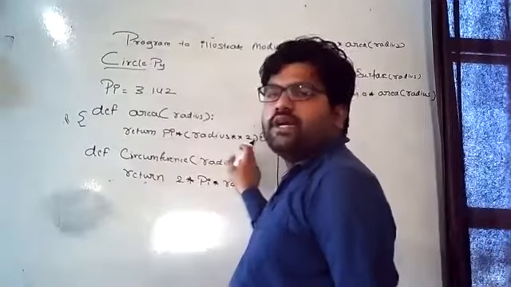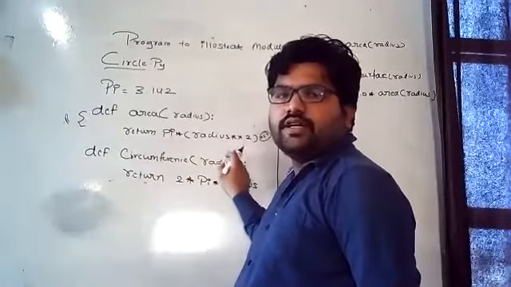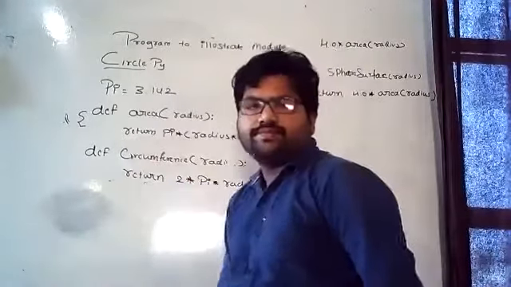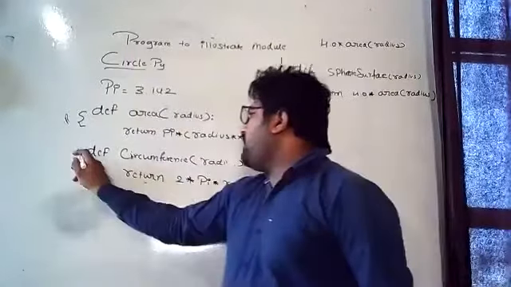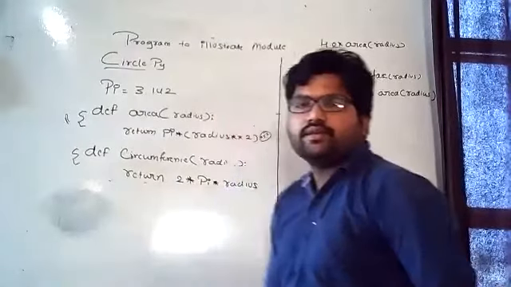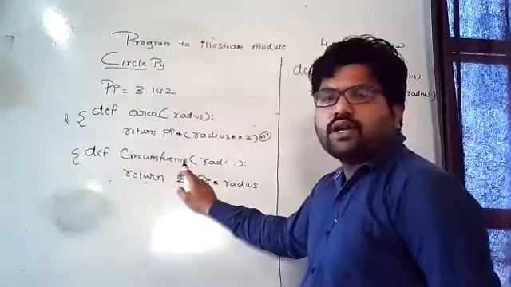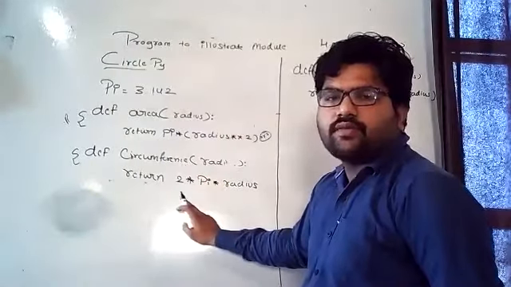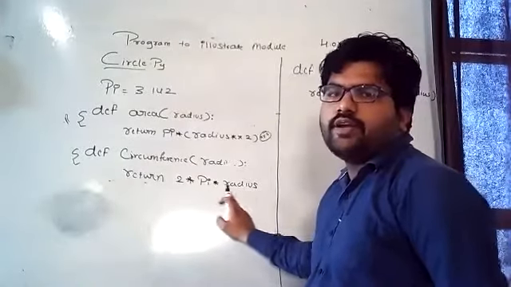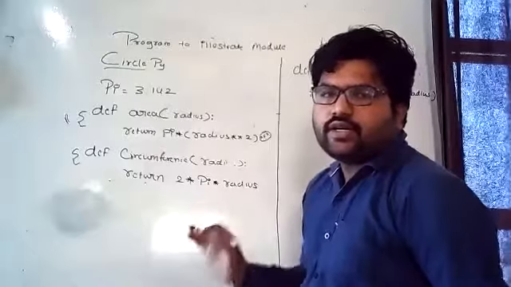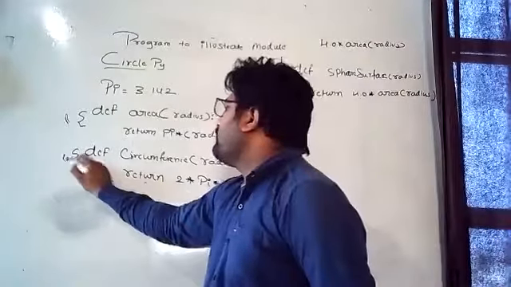That will be multiplied here, then it will be returned. If this function is called, what will be the return? Circumference will be returned. What is the formula of circumference? 2 into pi into radius. That will be returned if f2 is called.